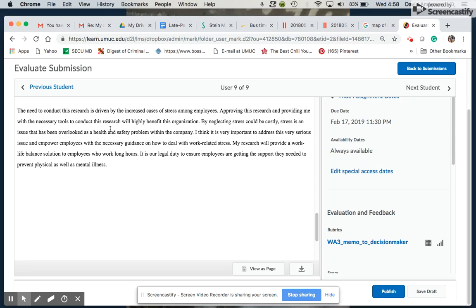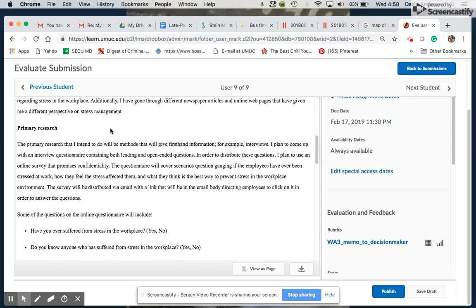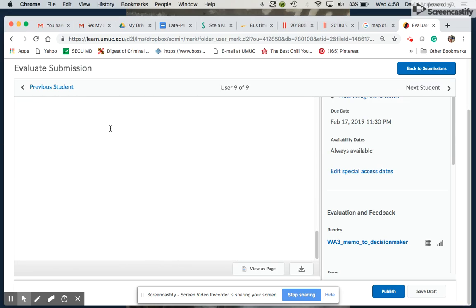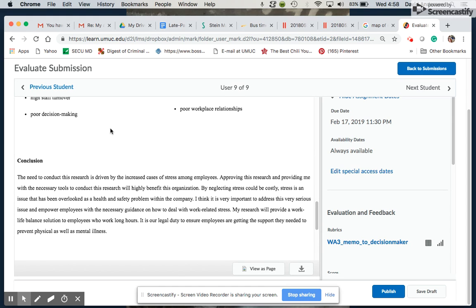Research shows, and then describe, in one sentence, what your secondary research shows. Stress in the workplace is on the rise across the country. In our company, we feel it. Conducting a survey that will help to understand how stressors affect our employees will help us to better craft a solution to our problem.